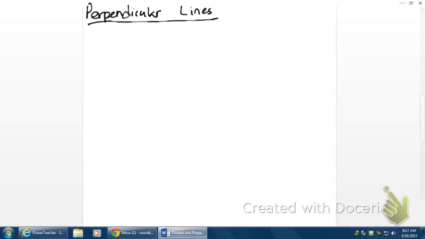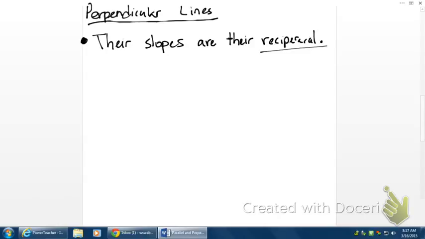There's two ways I like to talk about perpendicular lines. The technical term is that their slopes are reciprocals.